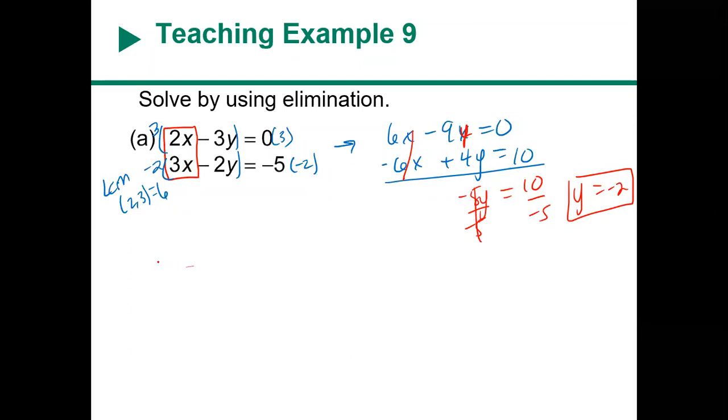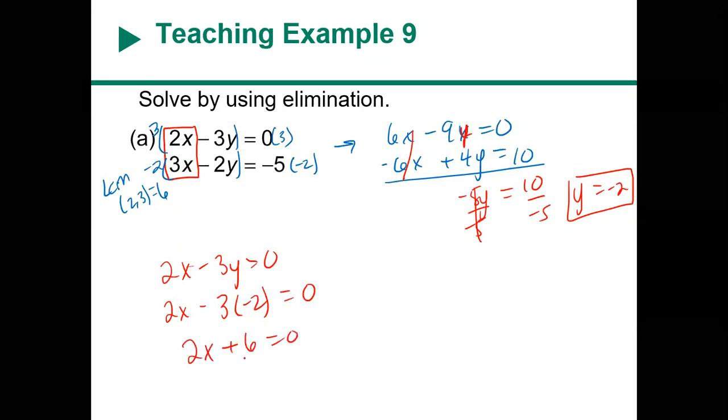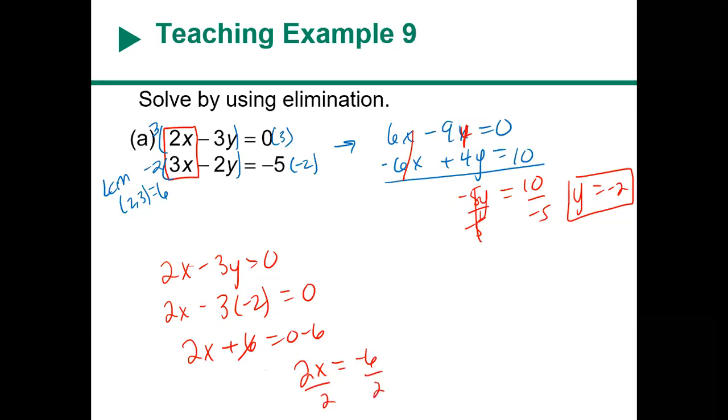So going back to the originals, I'm going to use 2x minus 3y equals 0. And I know that y equals negative 2. So I end up with 2x plus 6 equals 0. I'm going to subtract 6. So I get 2x equals negative 6. Divide by 2. And I get x equals negative 3.